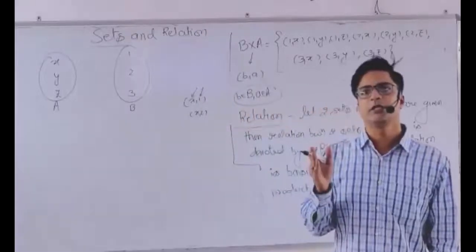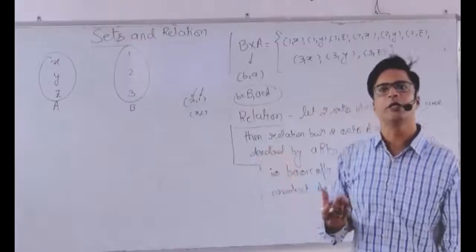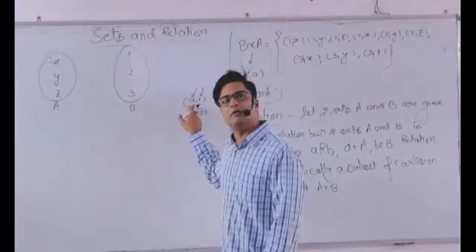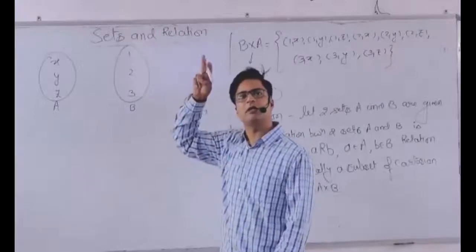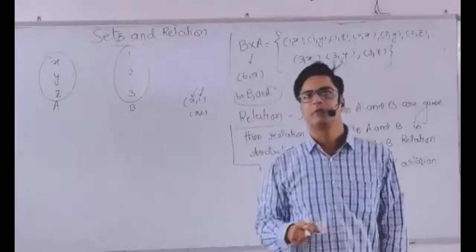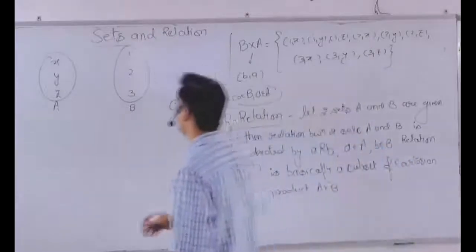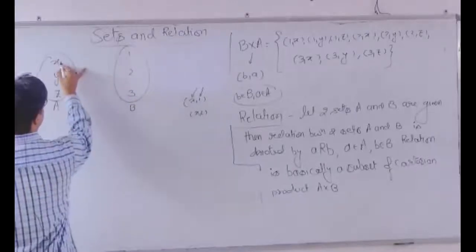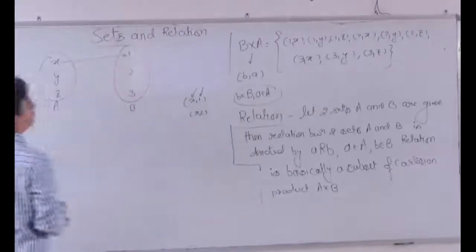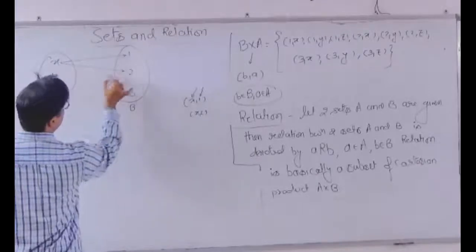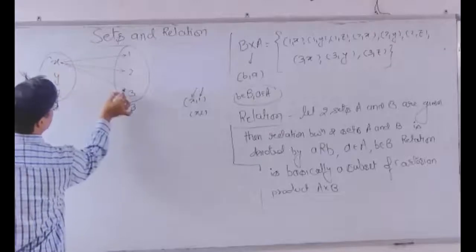By using ordered pair, we are connecting two elements in which the first element is coming from set A and the second element is coming from set B. If I represent this ordered pair here, then X is connected to 1, X is also connected to 2, X is also connected to 3.